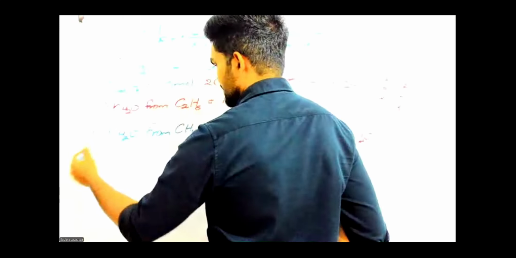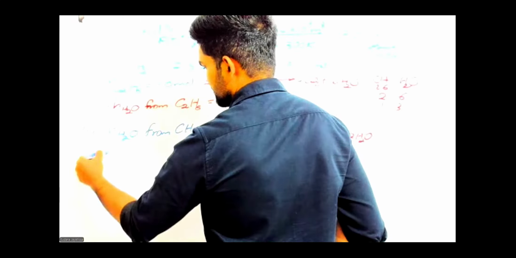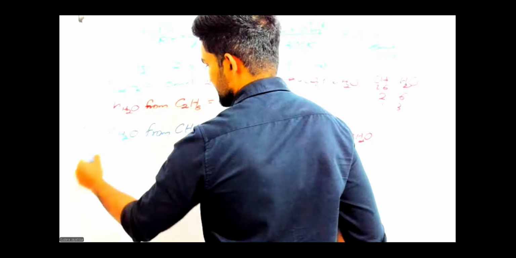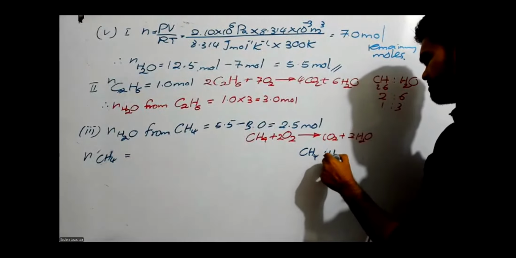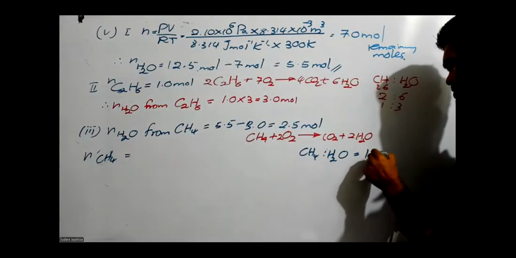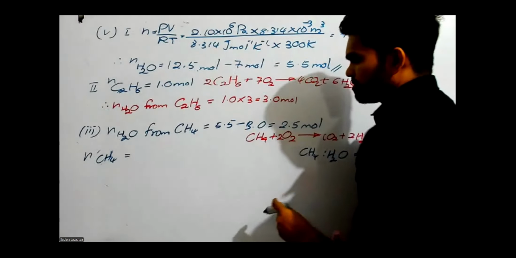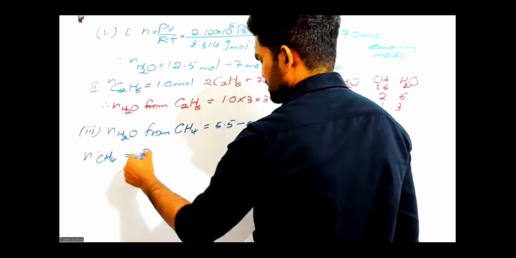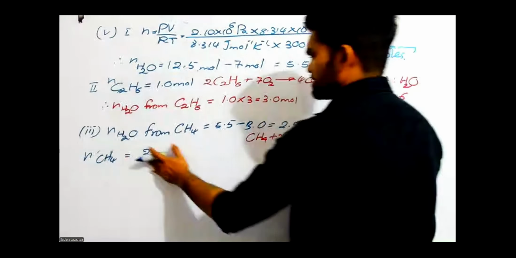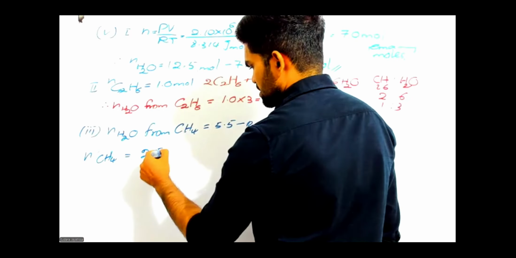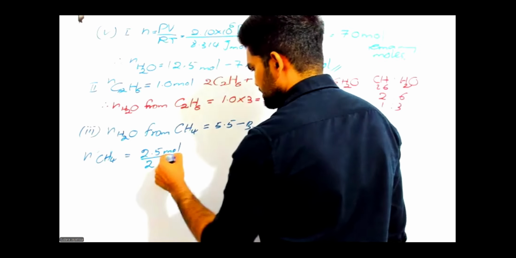Right. So we can find out moles of CH4, because the ratio between CH4 to water is 1:2. Therefore, if you have 2.5 moles, you have to divide that one by 2.